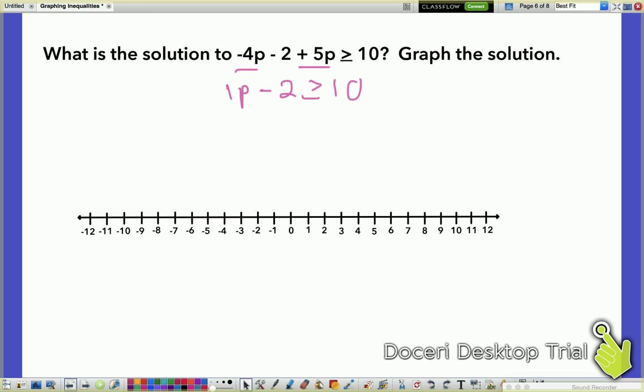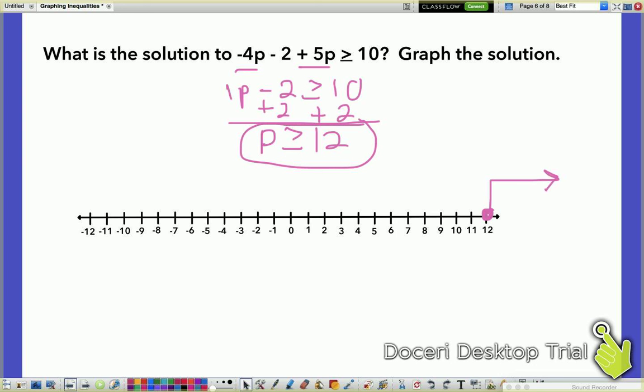Okay, so then I'm going to add 2 to both sides. P is greater than or equal to 12. So here's my 12, greater than or equal to. Okay, so you're just adding or subtracting and combining like terms.